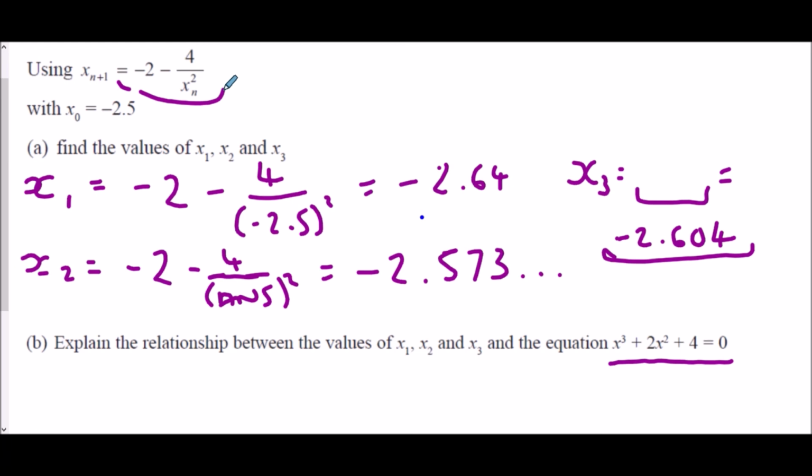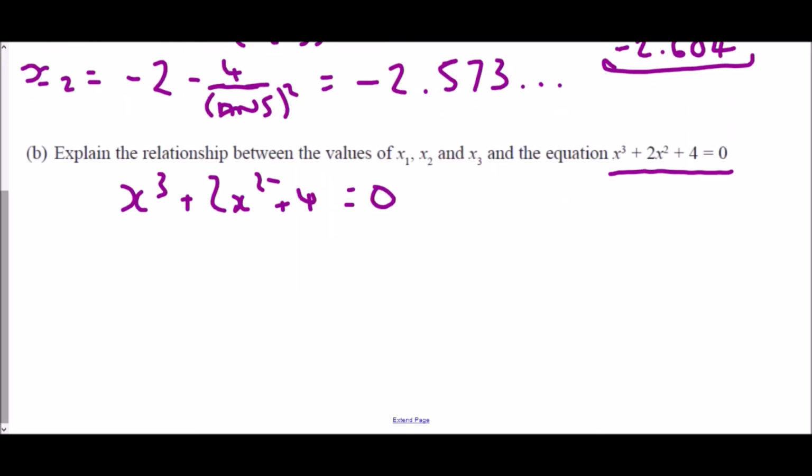Well, what we've actually got here is a rearranged version of it. Now, we don't need to show that it is a rearranged version, but just in case you're wondering, if we start off with x cubed plus 2x squared plus 4 equals 0, well, if we subtract the 4, we have x cubed plus 2x squared equals -4.